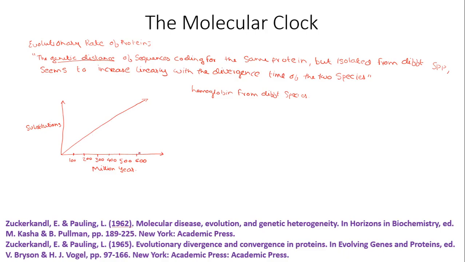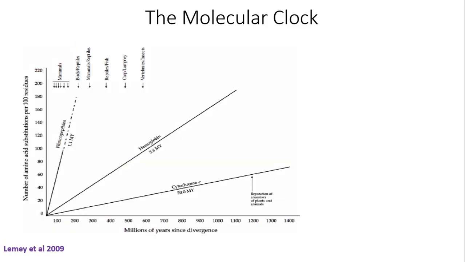With the passage of time, the number of mutations will increase, and the accumulation of these mutations is linear. So let me show you the real graph that was published in that paper.